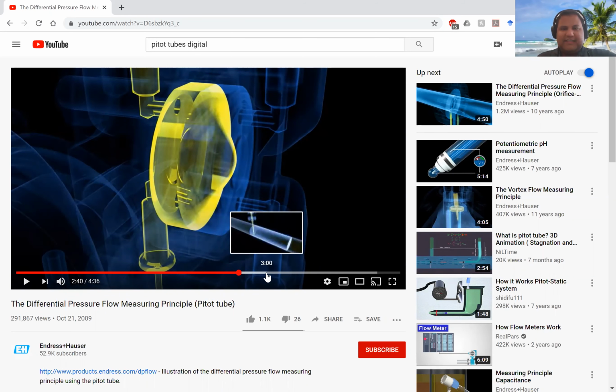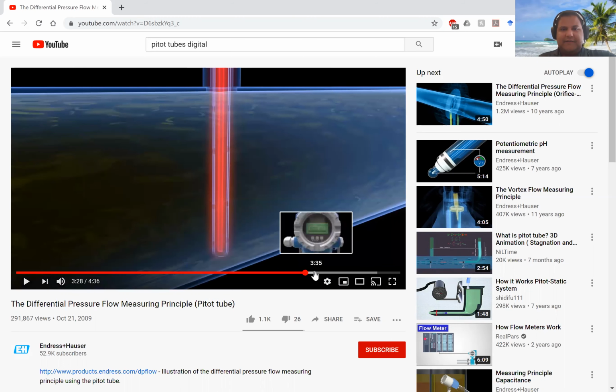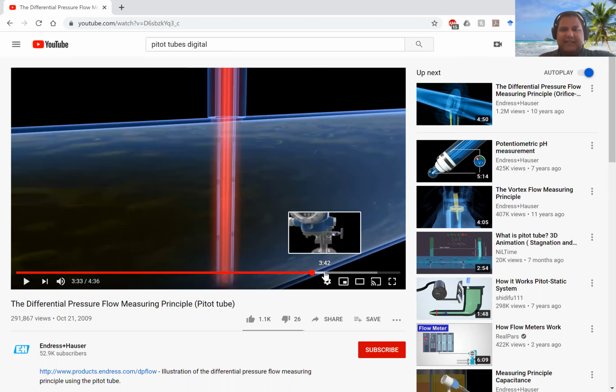The beauty of this design is that if the flow is reversed from any point, that deflection will also be reversed. This presents a really elegant way of designing a pitot tube to not only get a good representation of your flow field, but also record both forward and reverse flow.